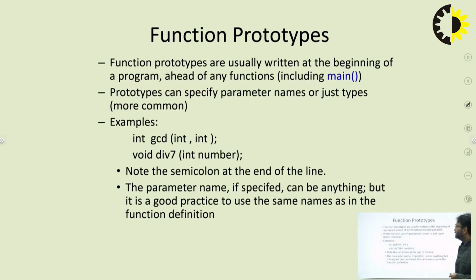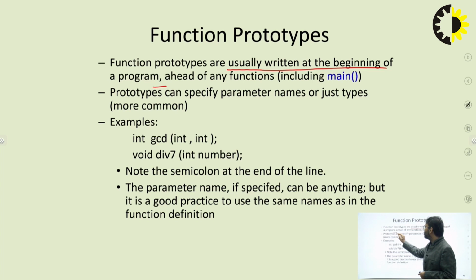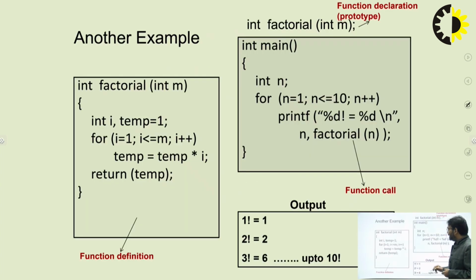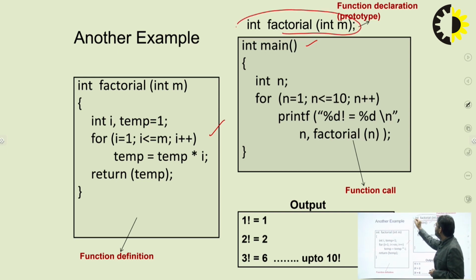Now, function prototype. Basically, it is a type of declaration. Function prototypes are usually written at the beginning of a program, ahead of any function, including main. Let's take an example. Suppose this is our main function. This is our function definition. This is the function prototype declaration, or we can say function prototype.